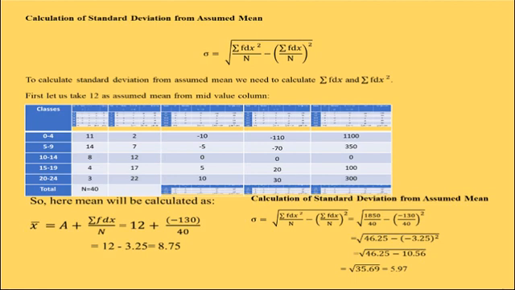We will get the values of f dx as minus 70, which is then multiplied with dx, which is minus 5. We will get f dx square as 350. We have to calculate the rest of the values in similar pattern and calculate summation of f dx and summation of f dx square.